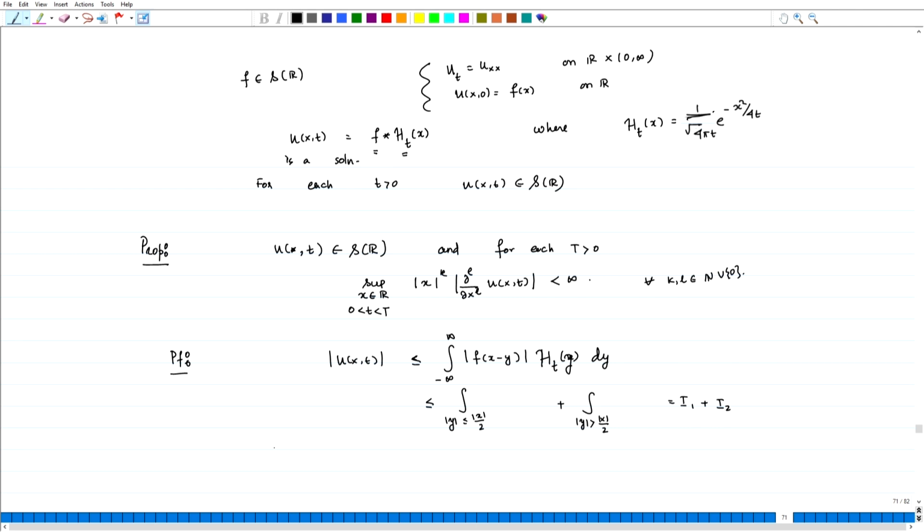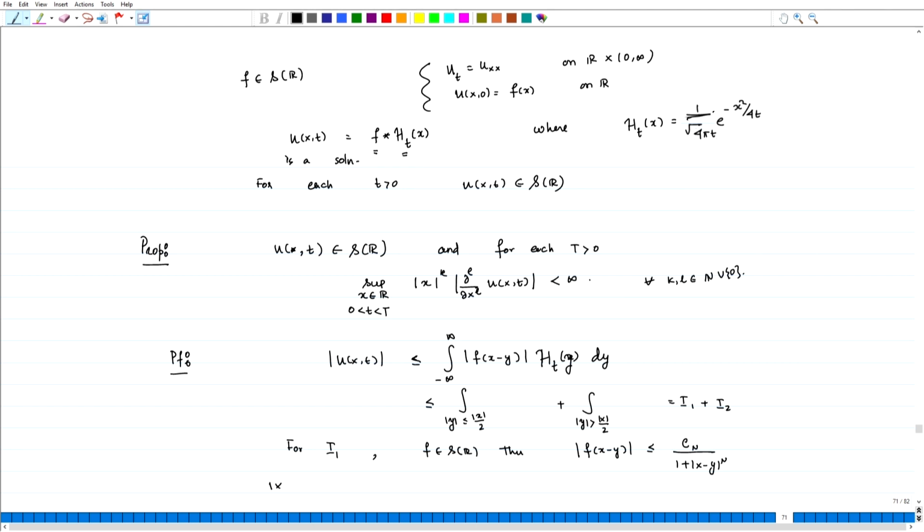Now for I1 we know that f is in Schwarz space, thus mod of f of x minus y is lesser or equal to some constant which depends on n, over 1 plus mod of x minus y to the power n. Now, where is our y? Mod y is lesser or equal to mod x by 2.